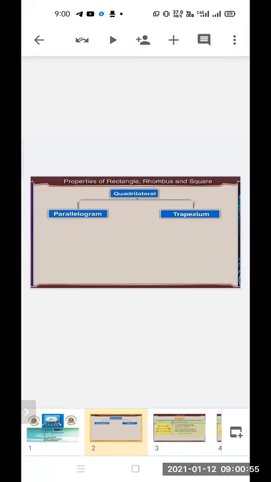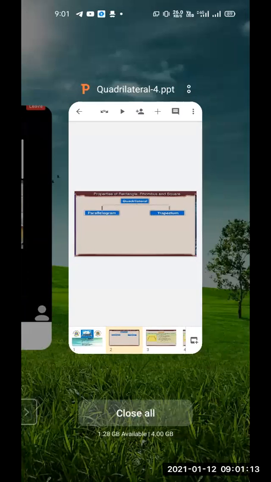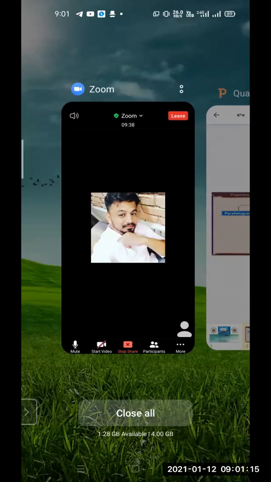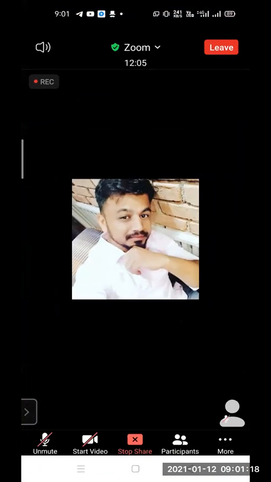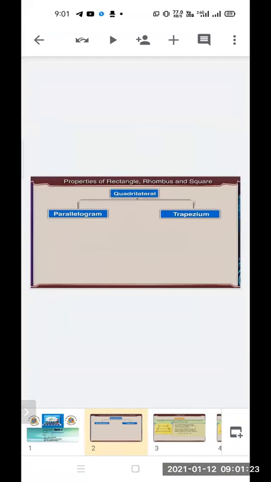So today we are going to discuss another form of quadrilateral, that is trapezium. We have already discussed what a trapezium is, so you are familiar with this quadrilateral. So children, what is a trapezium?